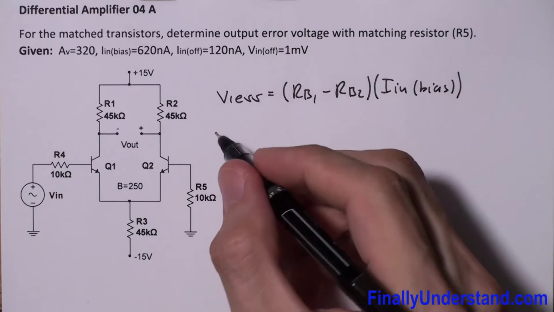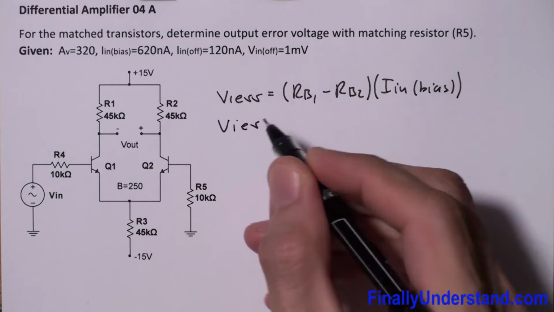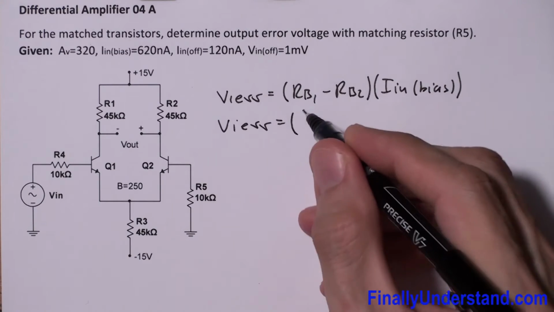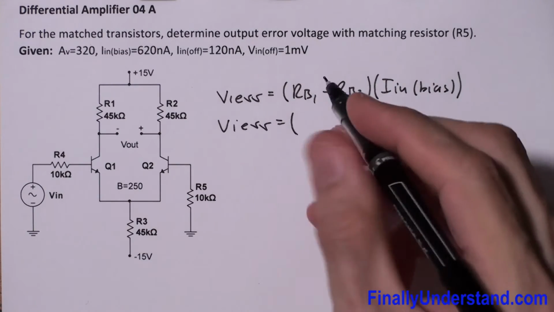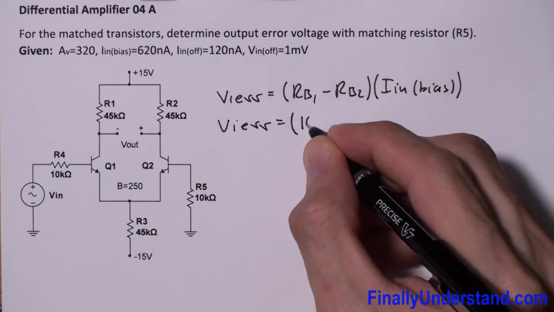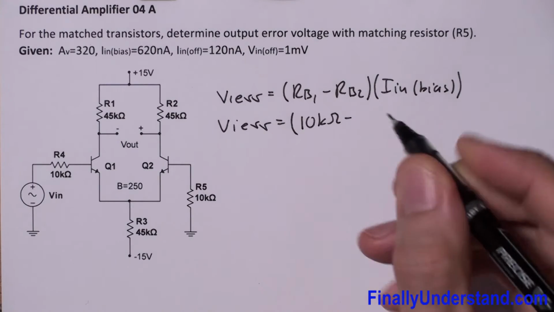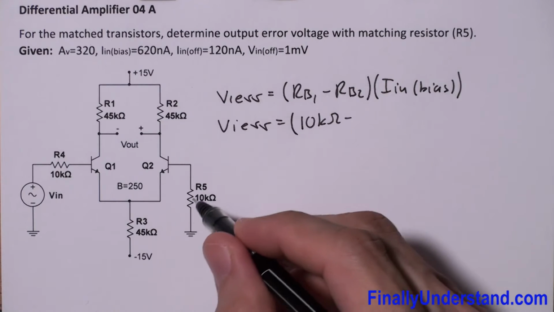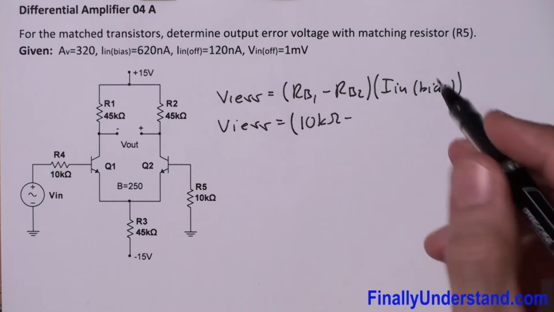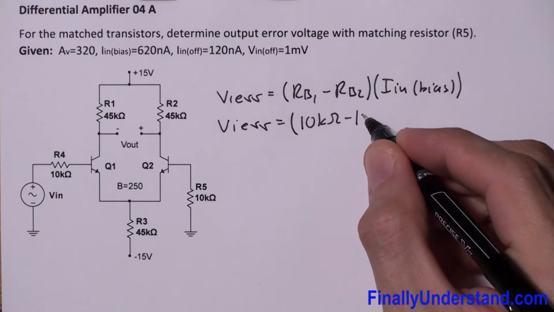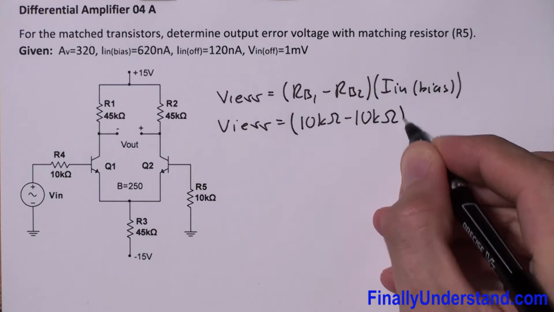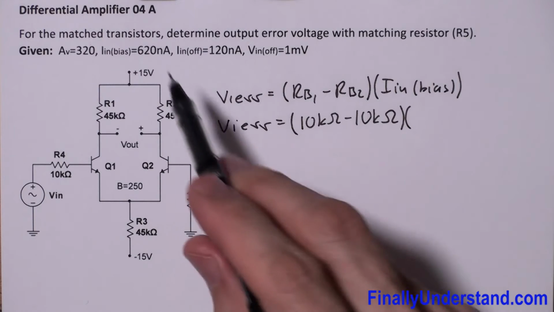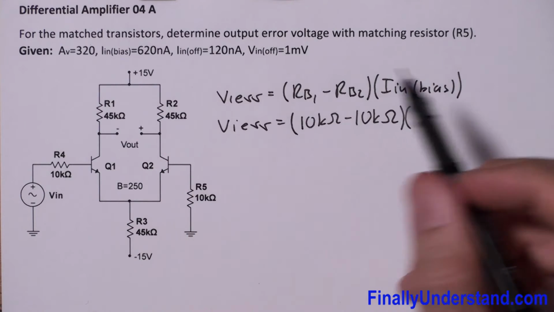Okay, so V1 error is equal to RB1, which is in this case 10 kilo ohms, minus RB2, the resistor which is connected to the base of transistor Q2, 10 kilo ohms, times the input bias current. Input bias current is 620 nanoamps.